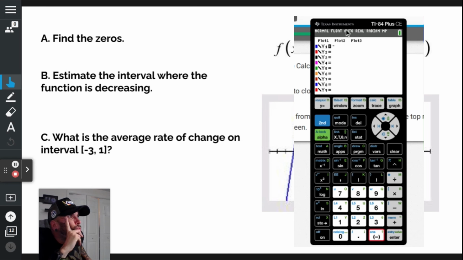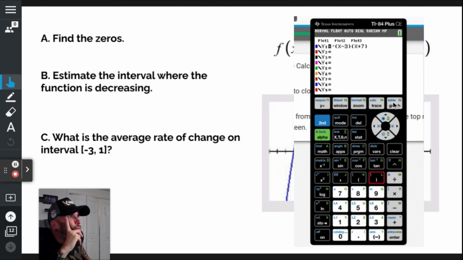Everywhere else, it's the same, but with Texas Instruments, they decided to make it a little more fun. But let's keep typing x, parentheses, of course. Here's my x right here, x minus 3, close parentheses, x plus 7.